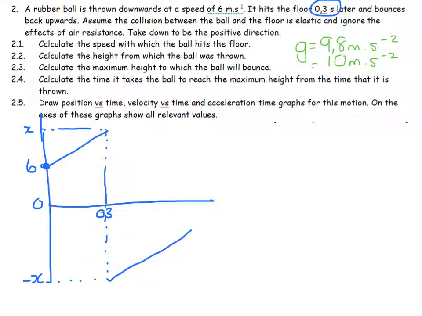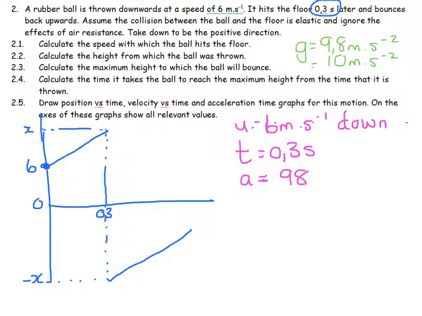Go slowly through these. I have got an initial velocity of 6 meters per second down. I have got a time of 0,3 seconds that it was in the air. I've got an acceleration of positive 9,8 meters per second squared, because down is positive.